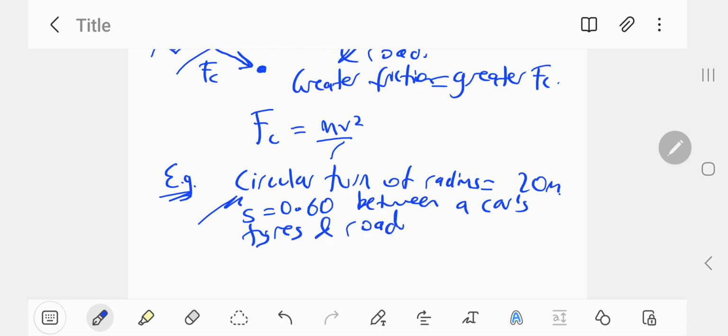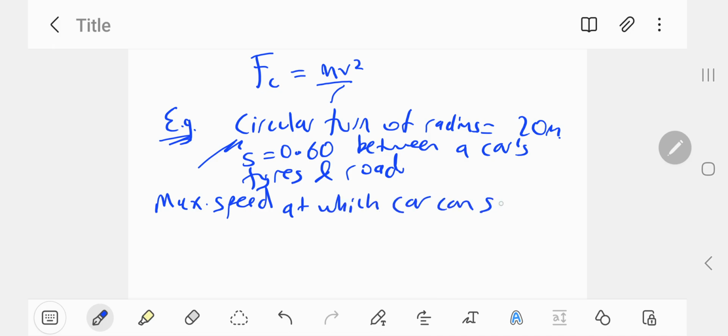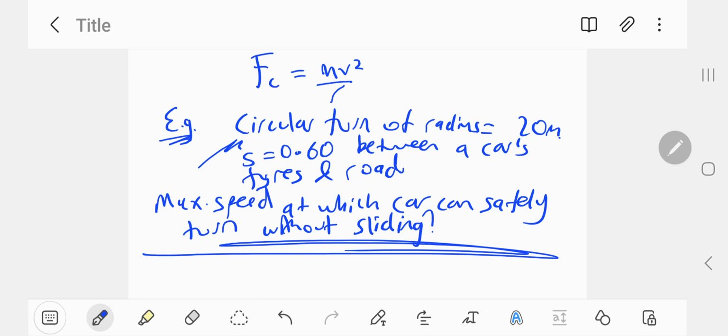I'm writing shorthand here just to save time and space. What's the max speed at which the car can safely turn without sliding? So we need to work out the max speed.